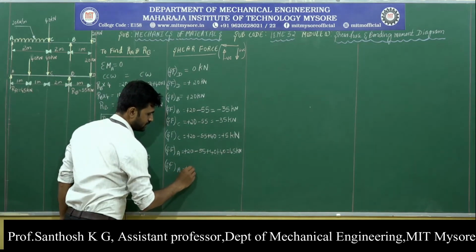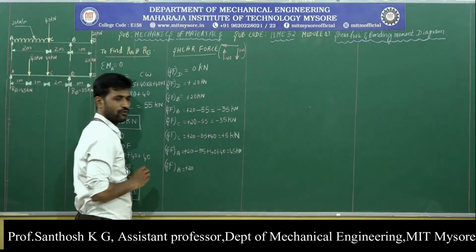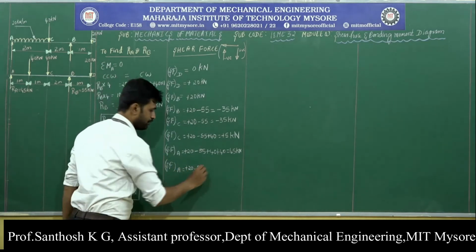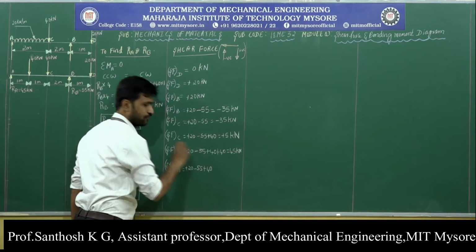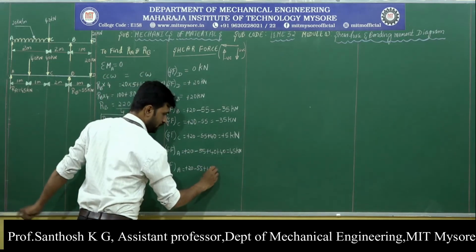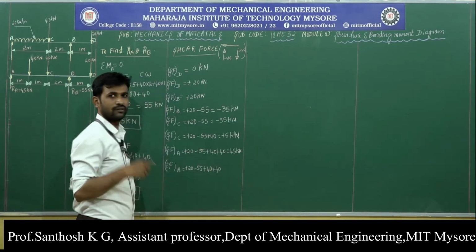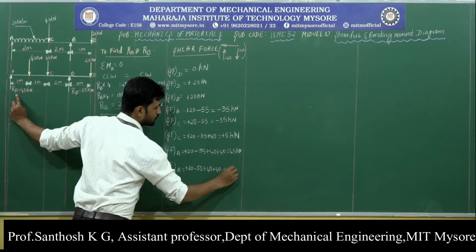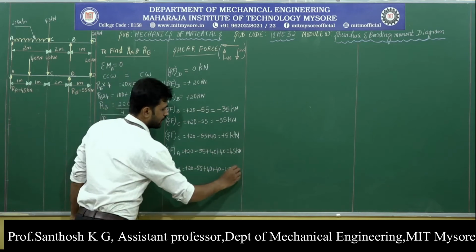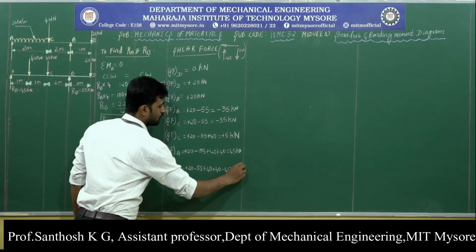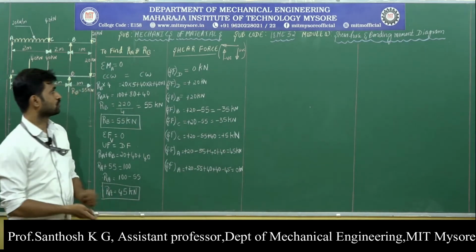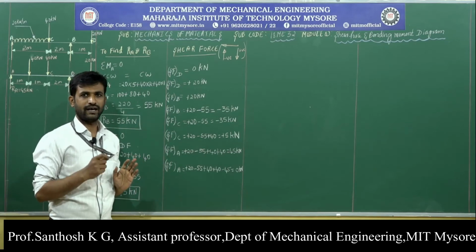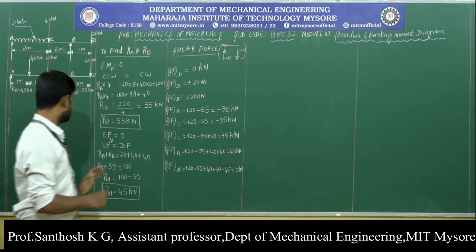The first force we get is downward 20 kilonewton force, then upward 55 kilonewton force, then downward 40 kilonewton force, then downward 40 kilonewton force, then upward 45 kilonewton force. So, when you add all this, you will get the summation as 0 kilonewton. So, these are the shear forces acting at the given salient points.